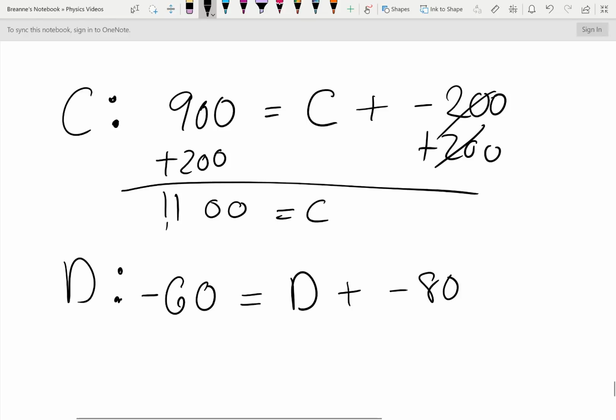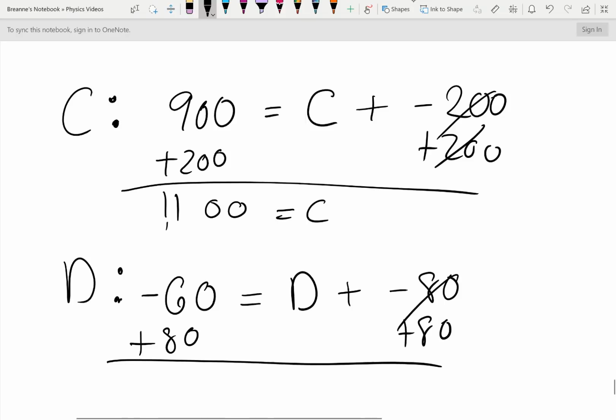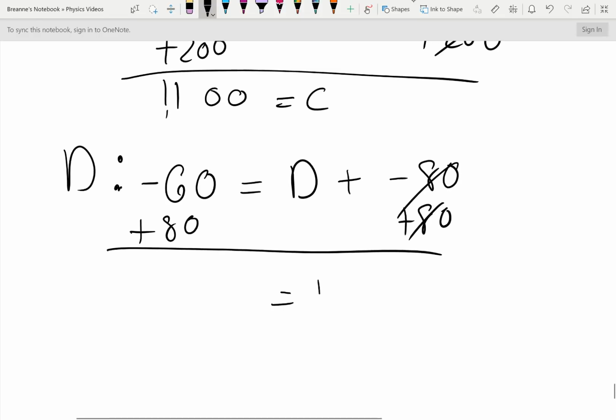So you can figure out what D is. The opposite of subtract is add, and what you do to one side, you have to do to the other. So D equals 20 newtons. For it to be moving 60 to the left, that D is slowing it down by 20.